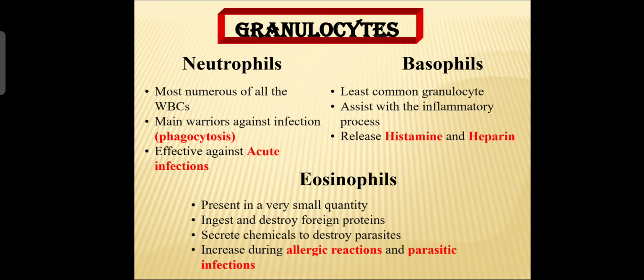Eosinophils are present in very small quantity, ingest and destroy foreign proteins, and secrete chemicals to destroy parasites. Increase during allergic reactions and parasitic infections. So neutrophils increase in acute infection, eosinophils increase in allergic reaction, basophils assist in the inflammatory process, release histamine and heparin.